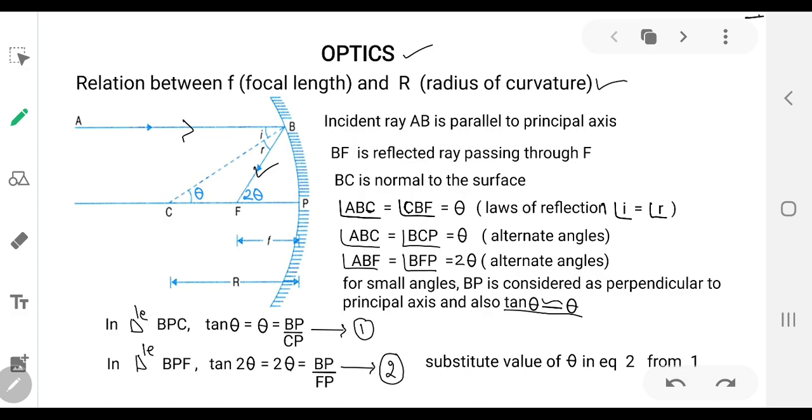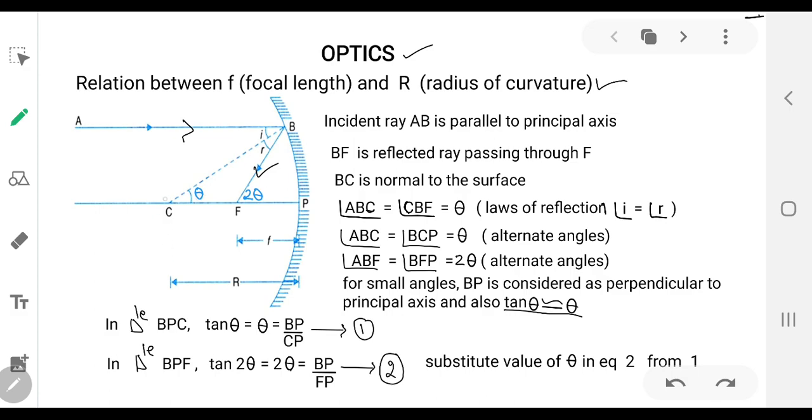Now how to draw the perpendicular? As you all know, a concave mirror or a convex mirror is a part of a sphere. Any line which joins the center to a point on the sphere is always perpendicular at that point.